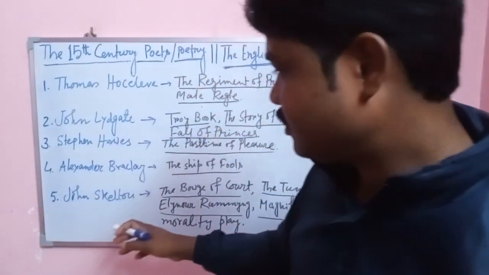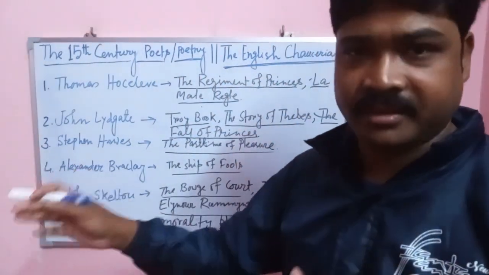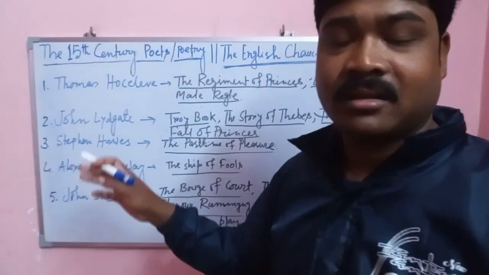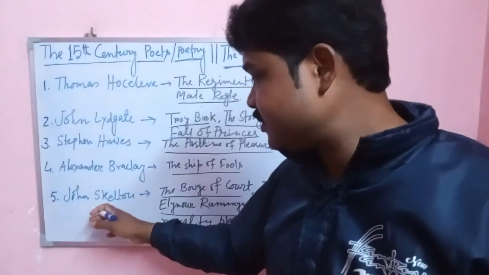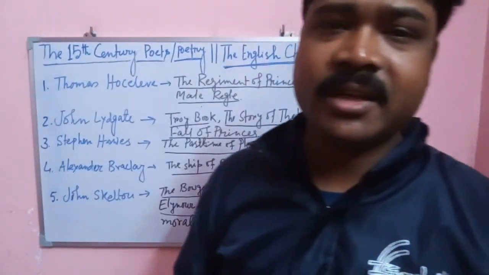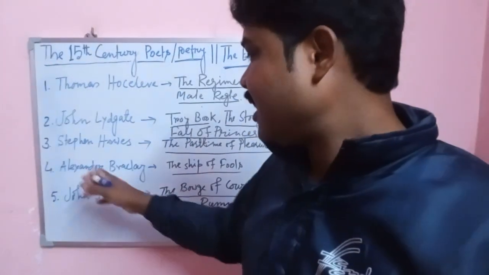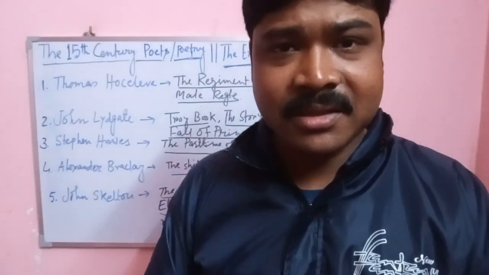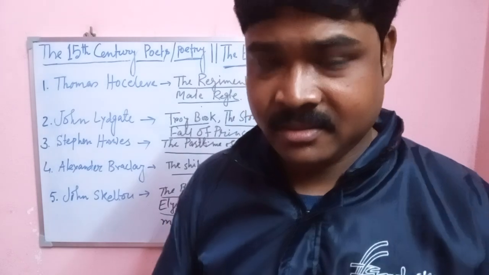And the next English Chaucerian, the last English Chaucerian, is John Skelton. John Skelton, like Alexander Barclay, was a moralist and a satirist.